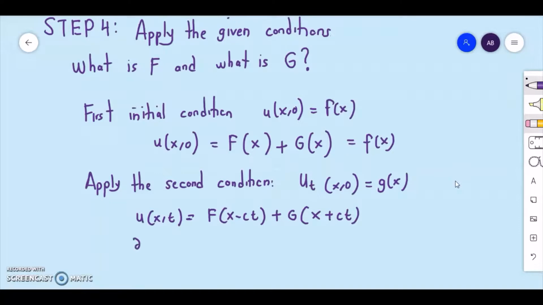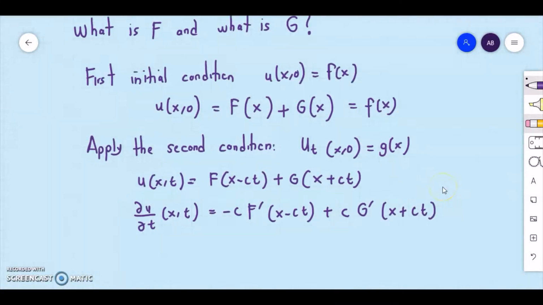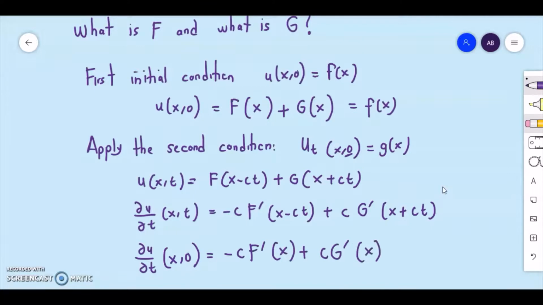Now taking the derivative with respect to time, I have negative c f prime of x minus ct plus c g prime of x plus ct. Now when t is 0, partial u over partial t at 0, I have negative c f prime of x plus c g prime of x, which equals my g of x.